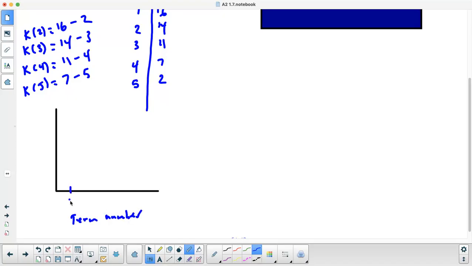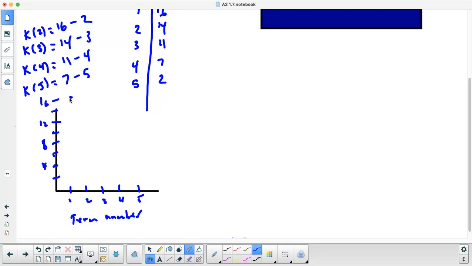So I'm going to go 1, 2, 3, 4, 5. And term 1 starts out at 16. So I'm way up here. 2, 4, 6, 8, 10, 12, 16. I'll just skip every one to make it a little bit easier.